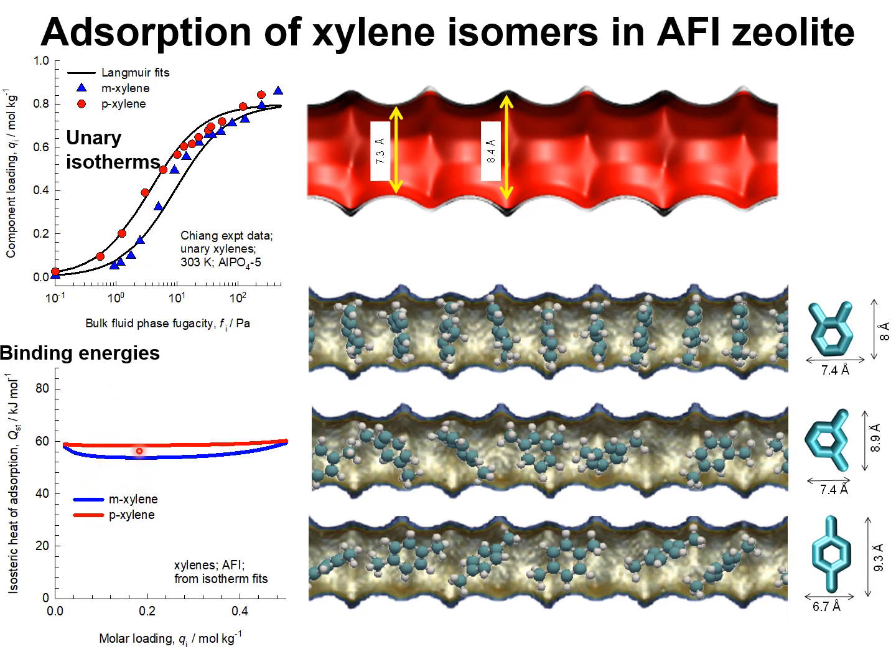Measurements of the isosteric heats of adsorption, that is an indication of the binding energies, are shown here as a function of the loading, and we see the isosteric heat of adsorption of paraxylene is higher than that of metaxylene, and this corresponds to the data on the unary isotherms.